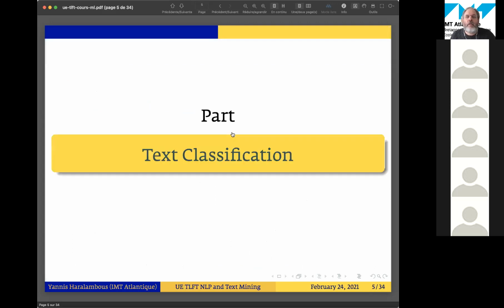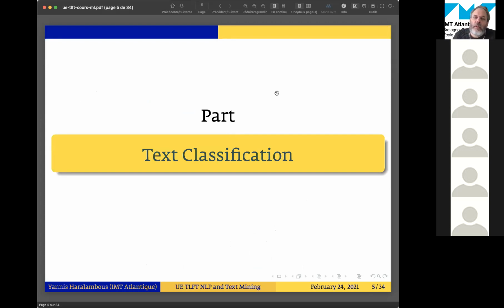So today we are going to deal with text classification, and then on the next 2 machine learning thread lectures, we will talk about language models and about distributional semantics. So 3 important subjects, and we start with the simplest one, text classification.